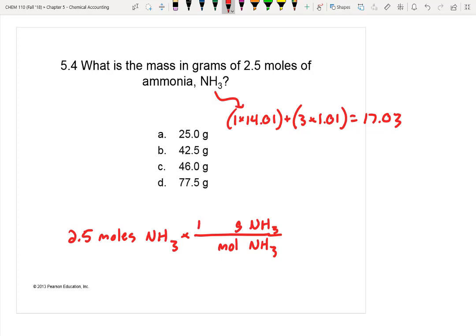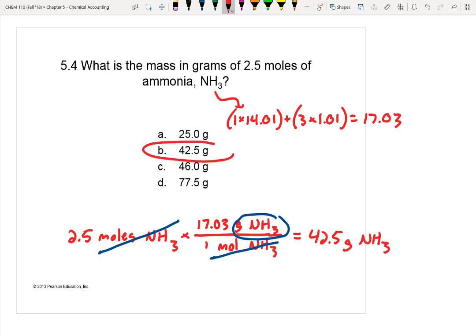It gets paired with the grams unit. So now we can cancel out moles of ammonia. We're left with grams of ammonia. And at least from my calculator, I'm getting 42.5, which looks like that corresponds to answer B, right?